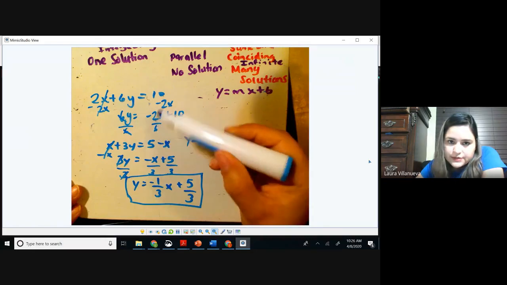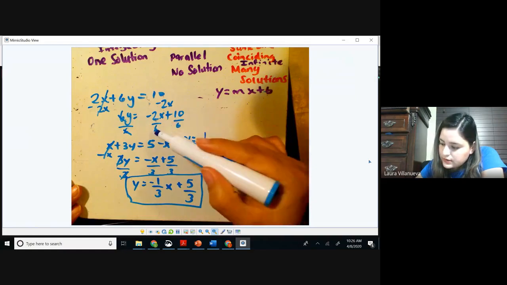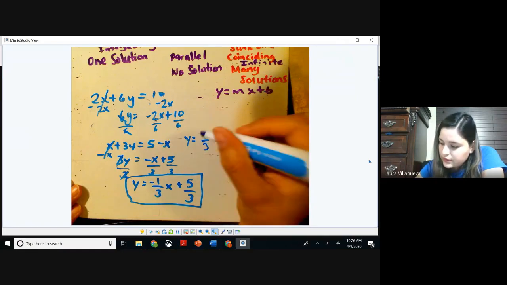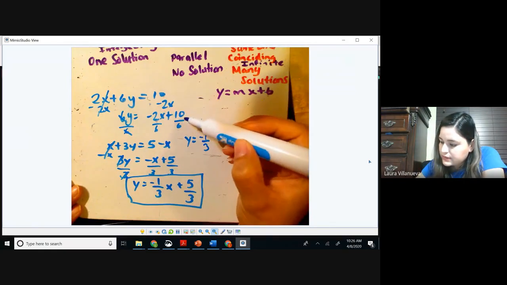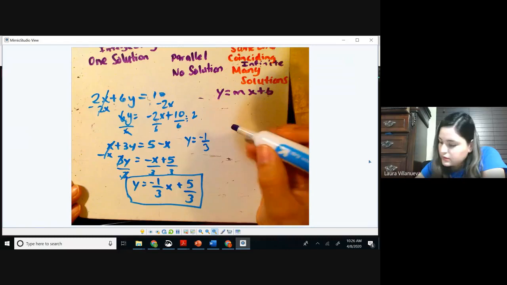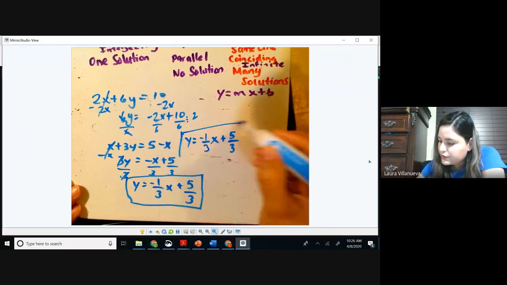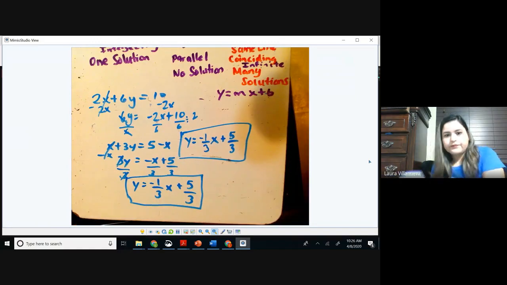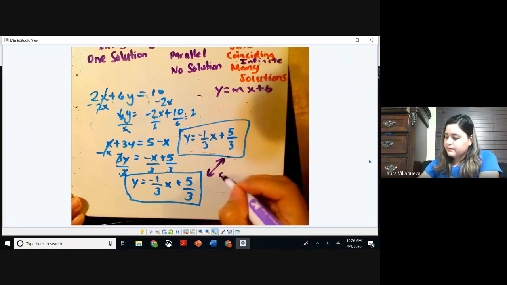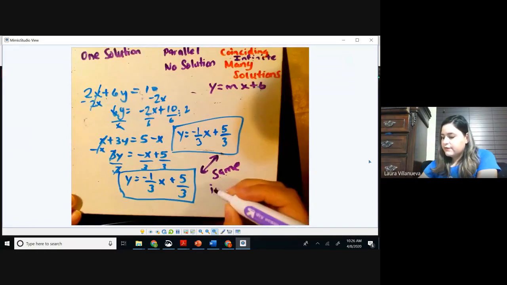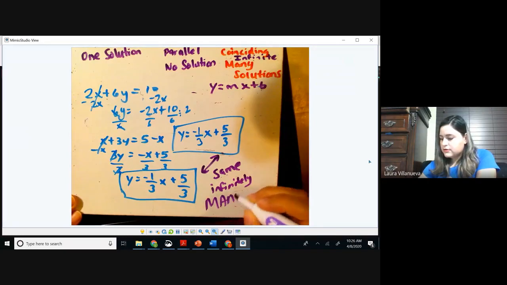You can simplify by 2 here. 2 divided by 2 is 1. 6 divided by 2 is 3. It's negative. Make sure that you include that negative. 10 divided by 6, you can divide this by 2. So then it's 5/3. What do you notice? They're exactly the same. So that means they're going to have infinitely many solutions.